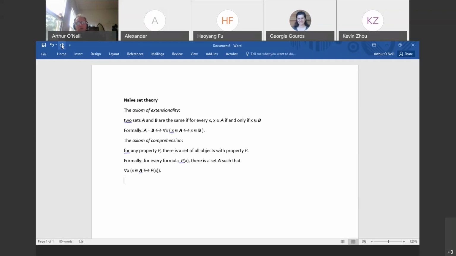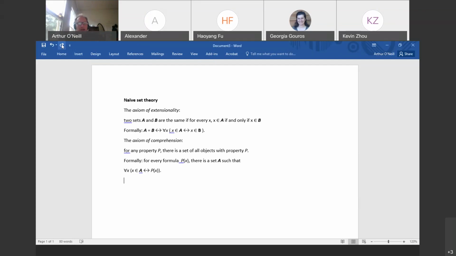So here's a thought. A very useful structure in maths is the set. So they decided to try and do what Euclid had done with geometry with set theory.